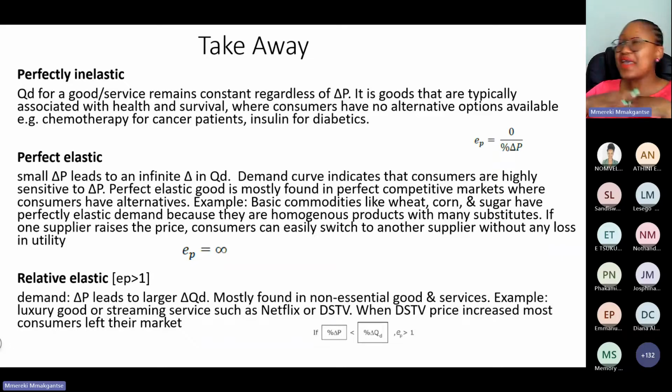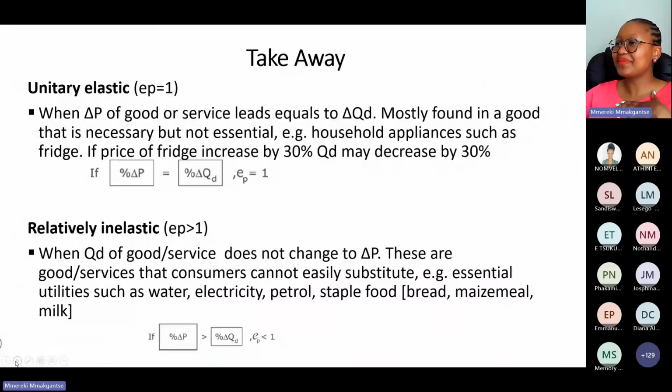Most of you said, "I am glad I left DSTV. I'm using the money to buy data to listen to your influencers." So when you think of DSTV, remember, relatively elastic.